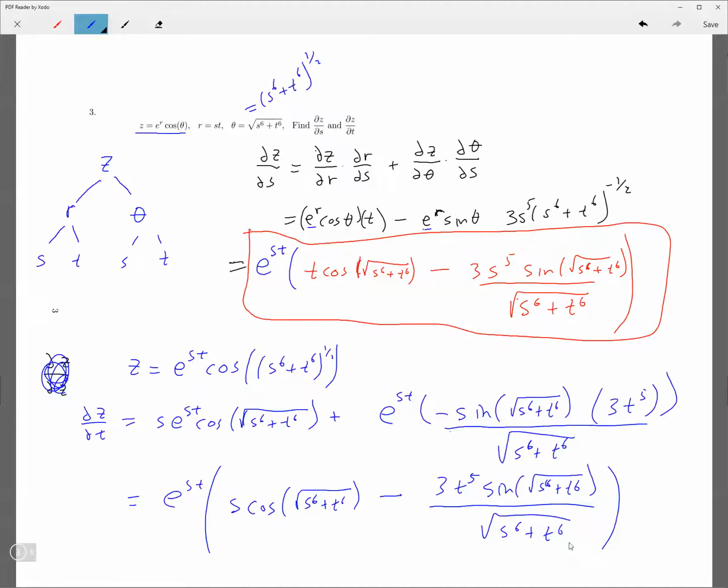So that's interesting. It is pretty much the same as the other one, except, so if you copy the other answer and then change here.